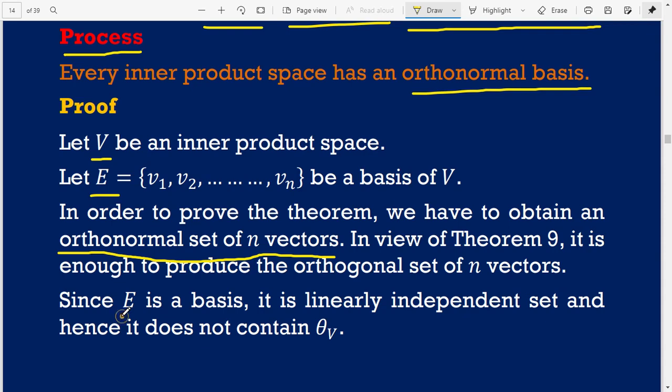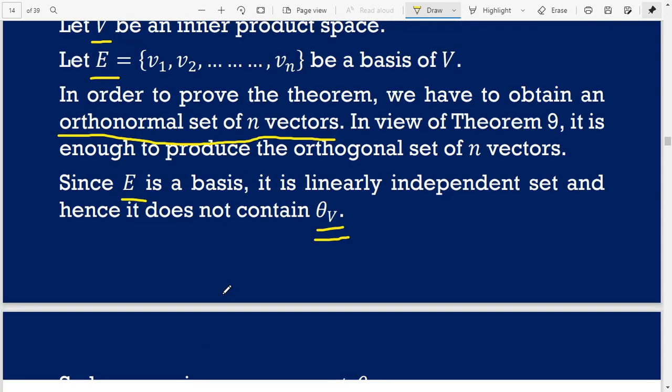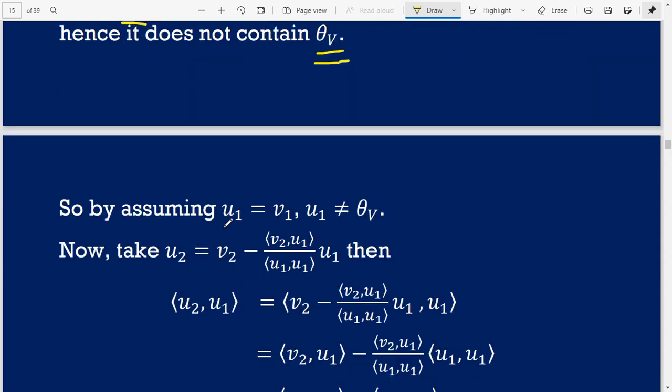Since E is a basis, it is a linearly independent set and hence it does not contain the zero vector.